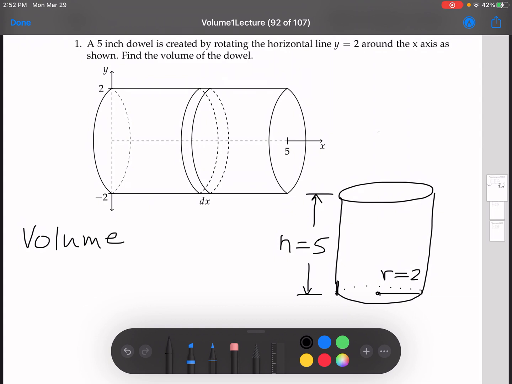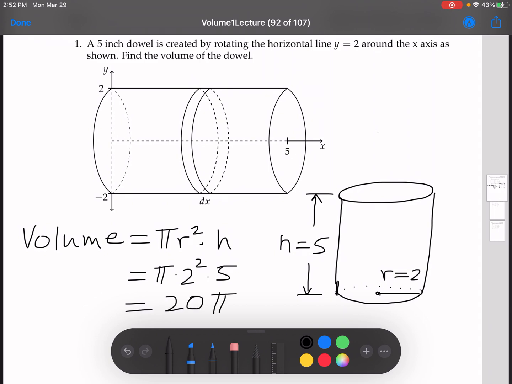Now the volume of this cylinder is the area of the base, which is pi r squared, times the height, h. With r equal to 2 and h equal to 5, this gives us pi times 2 squared times 5, which is 20 pi.